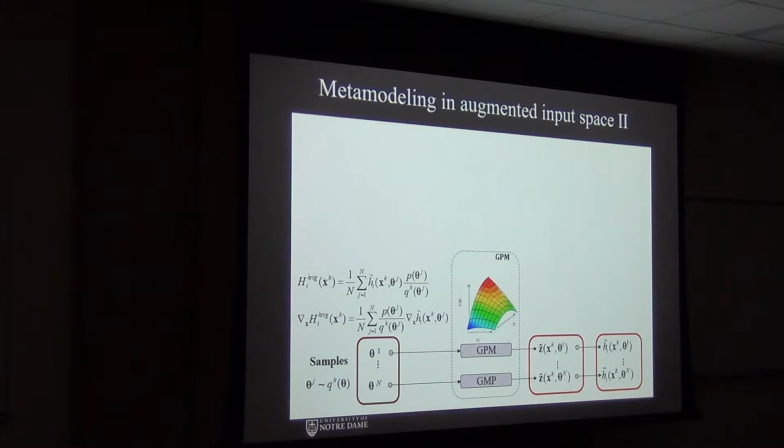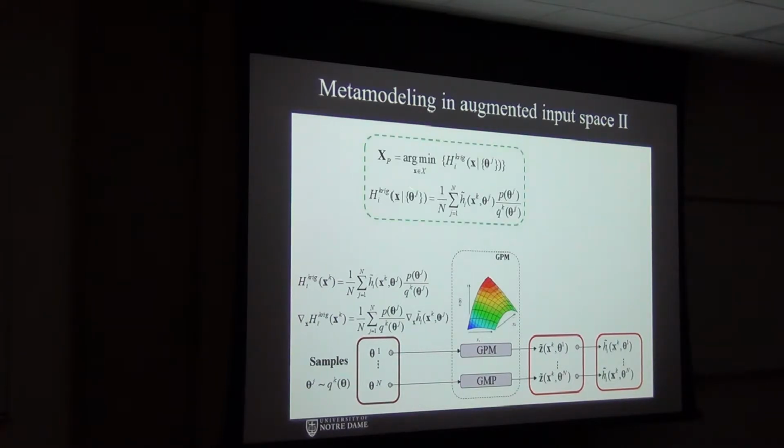But now the trick is, you replace your initial optimization with this meta model aided optimization problem. And because you're developing in the augmented input space, whenever your optimizer tries to search a different design solution, you don't need to repeat the whole process. You use the already existing meta model in the augmented input space.